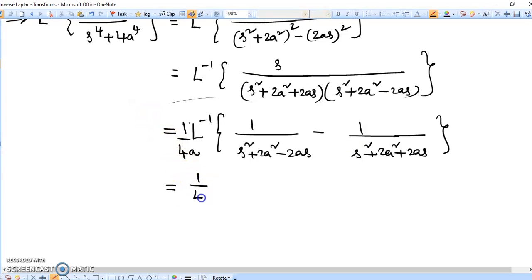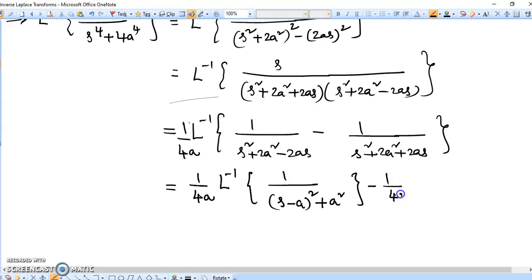Now how can we simplify this further? 1 by 4a times L inverse of, okay, I am now writing the first term, which is 1 by s minus a whole square, because it is the same as s square minus 2as plus 2a square, plus a square, so s minus a whole square plus a square. This is my first term, minus 1 by 4a.